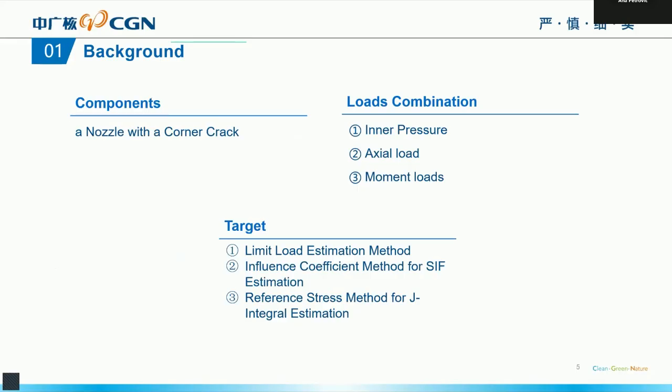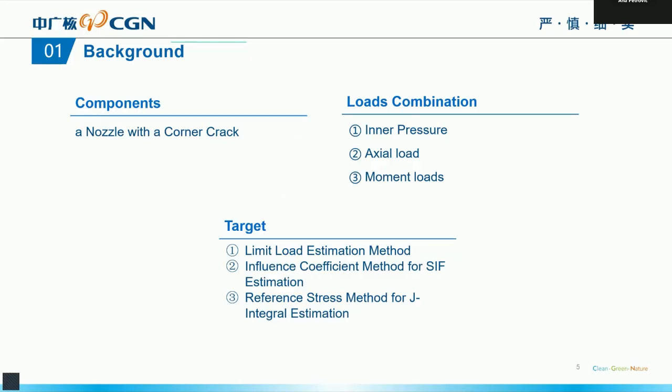The research target is the nozzle with a corner crack, and the load combines internal pressure, axial loads, and bending moment. We will make limit load estimations and use the influence coefficient method and the reference stress method for J-integral estimations.